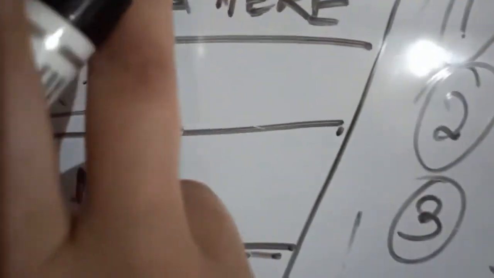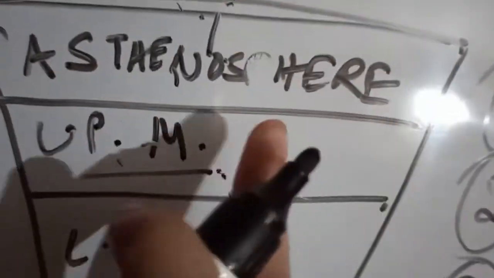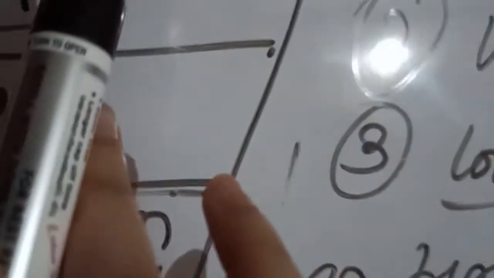The upper part of the upper mantle is known as the asthenosphere. The word asthenosphere is derived from a Greek word where asthen means weak, so the asthenosphere is a mechanically weak layer.